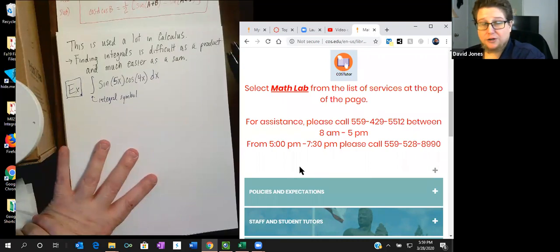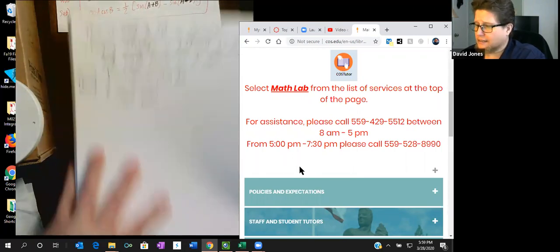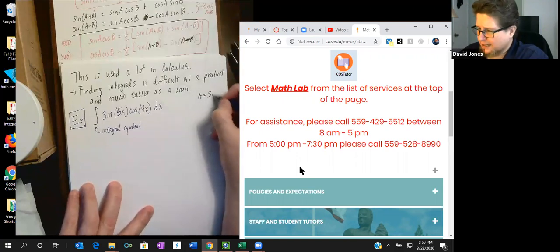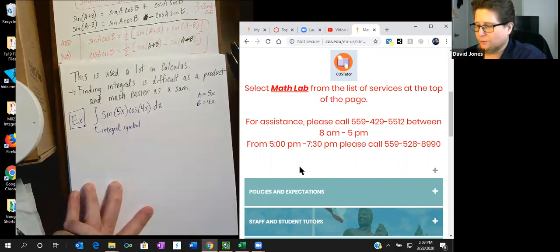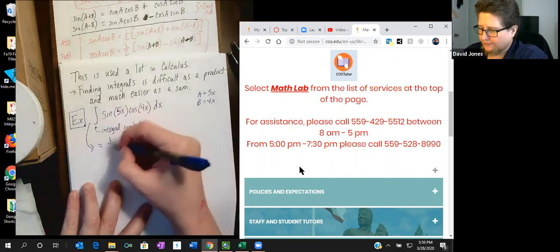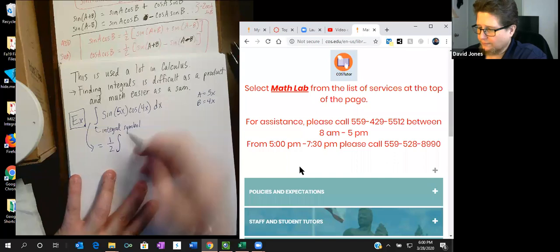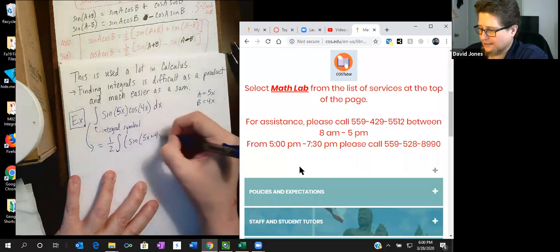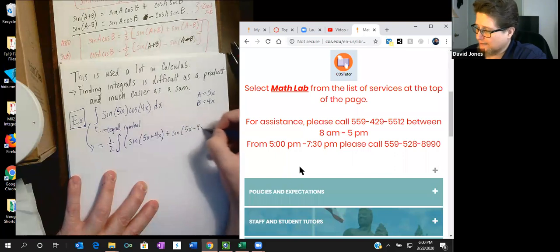It is much easier when these are addition. So this is sine cosine. Here A is 5x, B is 4x, and I'm going to use the sine A cosine B one. This is equivalent to 1/2, it goes outside the integral sign, as you'll learn, sine of A plus B, sine of 5x plus 4x, plus sine of 5x minus 4x.